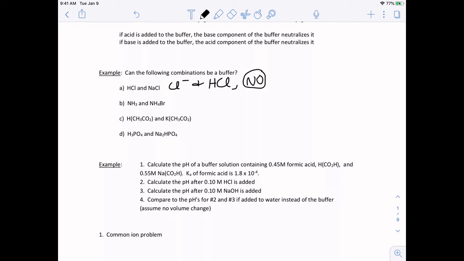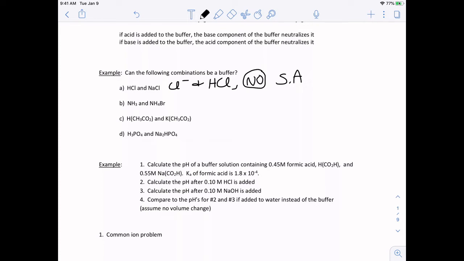What's your reasoning for why they will not make a buffer? I'm hoping somebody is thinking, HCl is a strong acid, not a weak acid. So this one will not make a buffer solution for that reason.